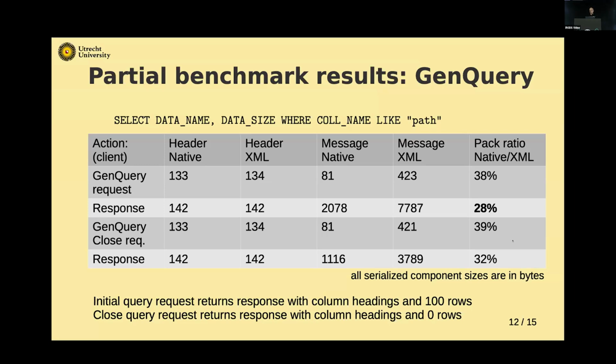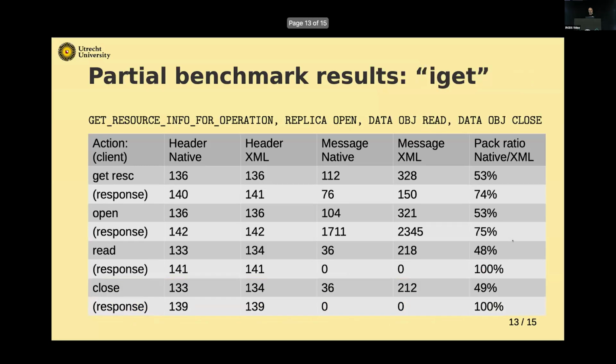So is this true only for the general query? Well, no. If you look at other things, I was expecting that getting the content of a replica wouldn't make much change, because you have to get the actual bytes across, and that's the last part of the component. It's already binary coded, so what would you gain?